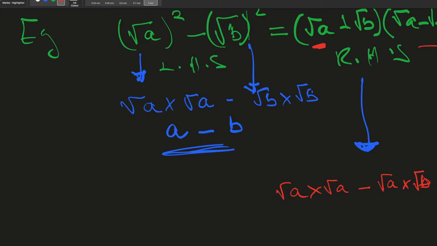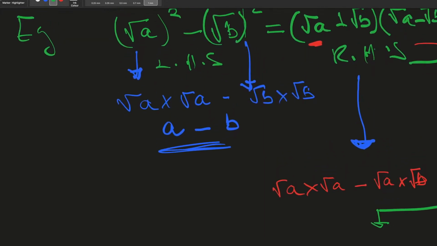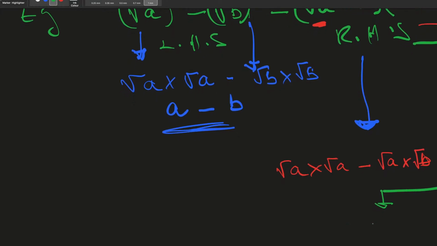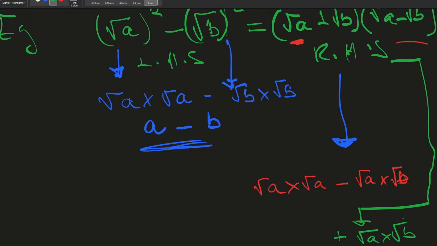First we took root a and multiplied by this and by that. Our next one is this. So we'll take root b times that, which will be plus root a times root b.